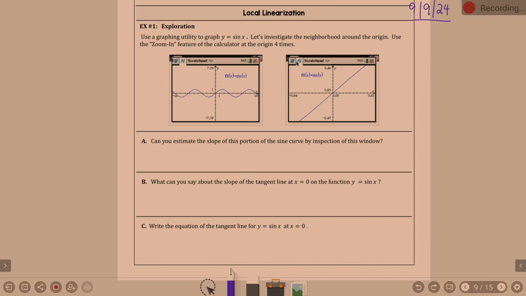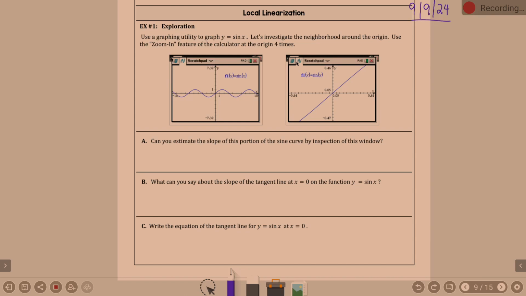Thoughts on the slope? 1. Maybe. Does it look like you're going up and over about the same?